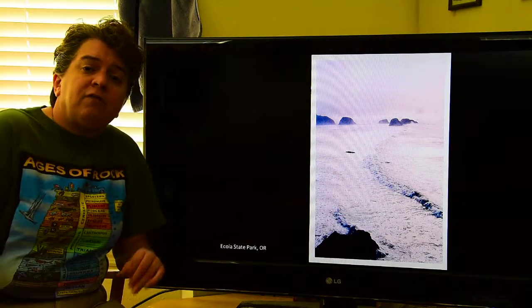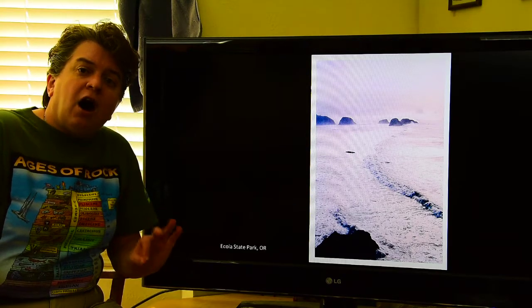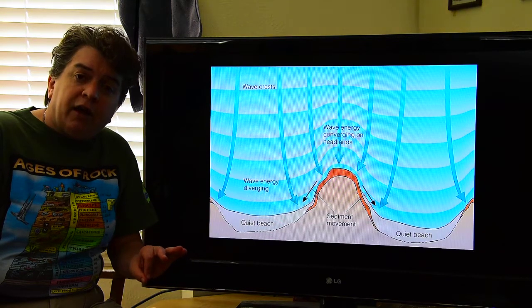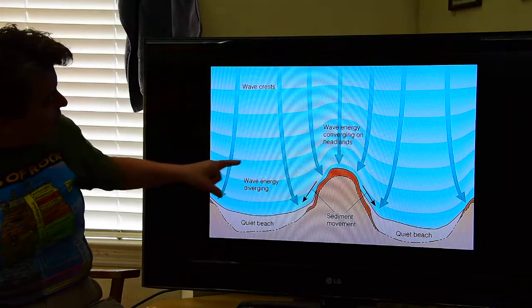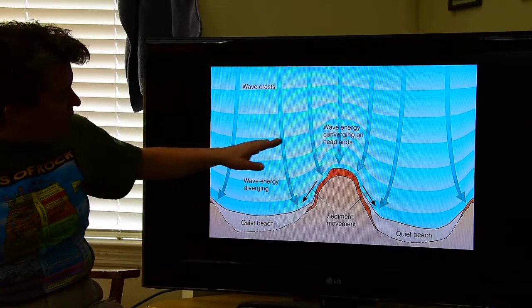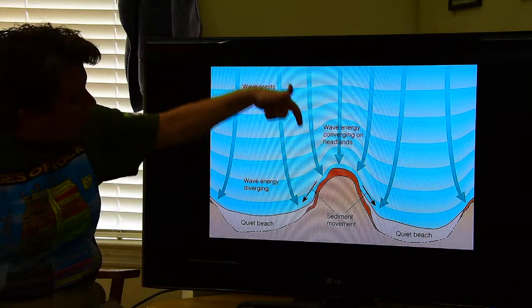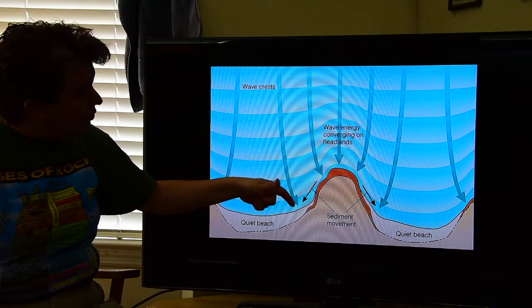When these waves get bent by this wave refraction, this can concentrate which areas of the coastline get the most erosion. So here we have those curved, refracted waves, right? That's what these lines are. That's the wave crests. And these arrows show you the energy of the wave arriving at shore.